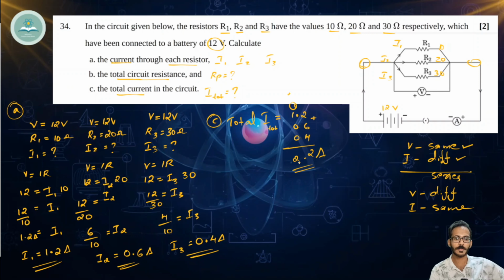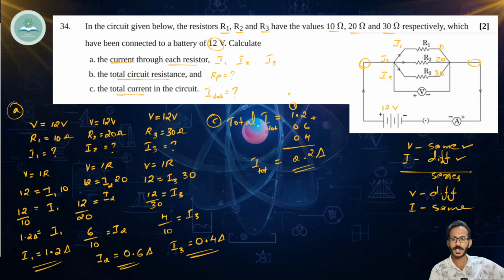So 2.2 ampere will be the total current. You can find this another way also: finding the effective resistance and the total voltage, you will get the same value. So any method is fine, it's your wish.